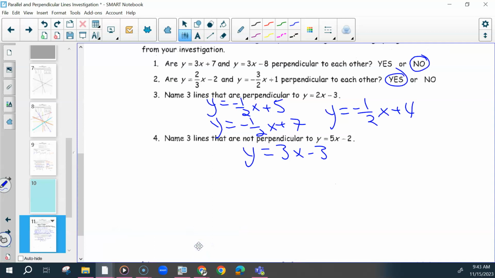Y equals x plus 5. Sure. One more from someone who has not gone. Y equals 4x plus 3. So as long as you know these are not perpendicular to this, you can write whatever you want.